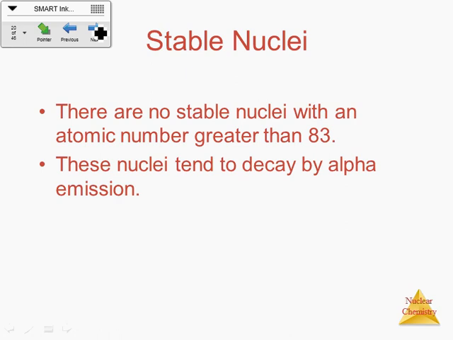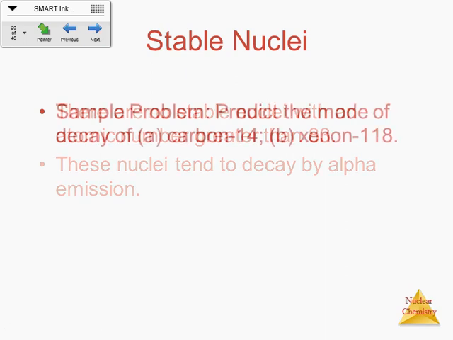A lot of these tend to decay by alpha emission because, remember, the nucleus doesn't get any smaller with the other types of radiation we've talked about. Alpha decay is the only one that actually makes the nucleus smaller, because the other types involve a proton being converted to a neutron or a neutron to a proton. So alpha emission usually happens with things that are too big and trying to get smaller so they can get stable.